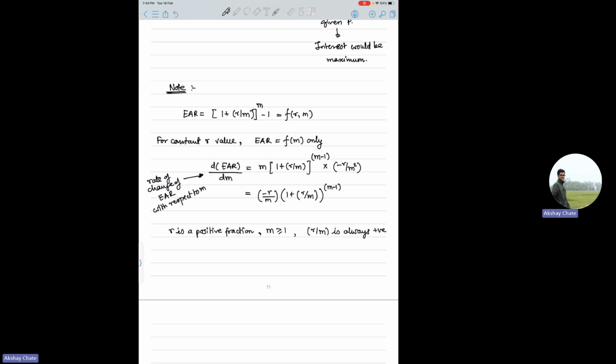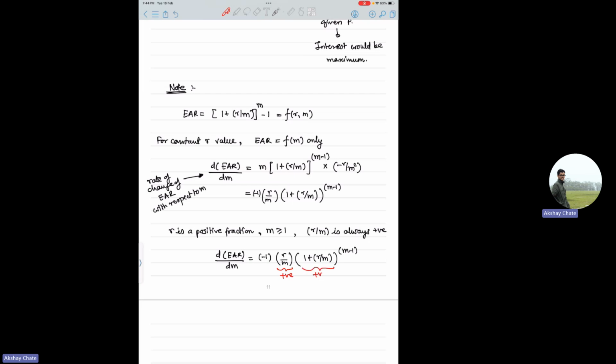Then if you look at this dEAR by dM term, I'll write this minus 1 outside so that it is clearly visible. So you have minus 1 here, R by M, and (1 plus R by M) power M minus 1. What I am trying to say is, this term is always positive.